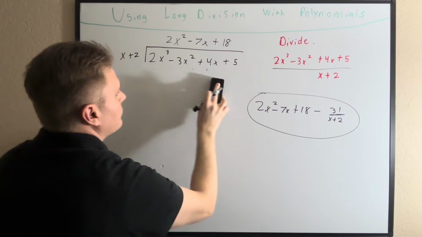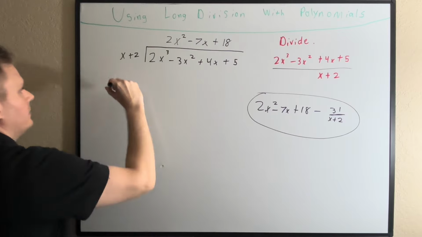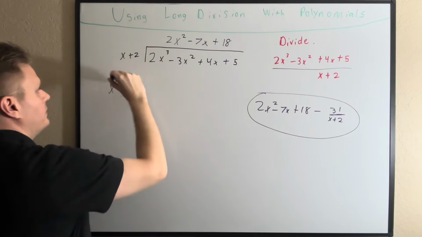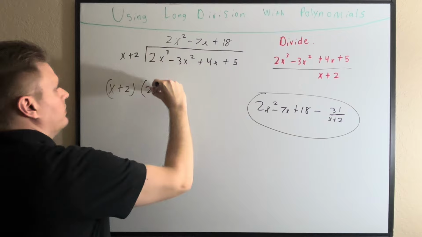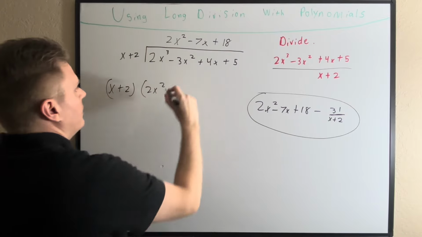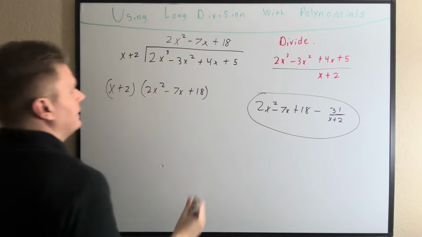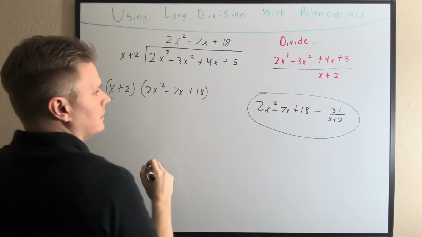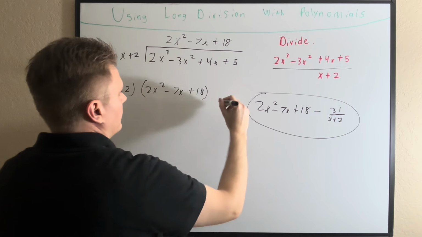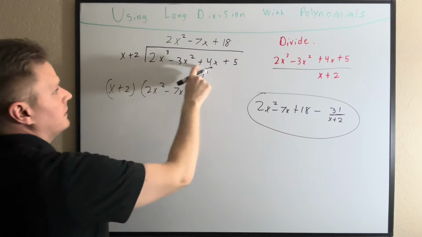Well, if this is correct, we should be able to take x plus 2 and multiply it by 2x squared minus 7x plus 18 and get this answer.